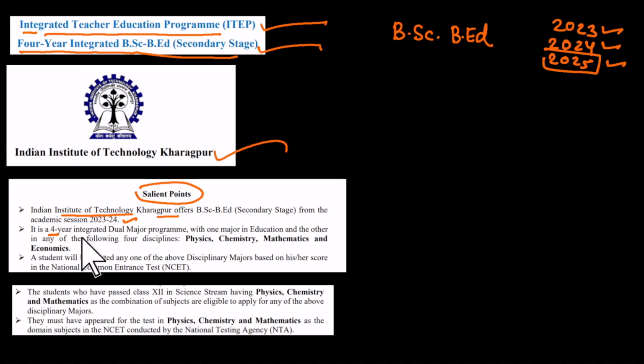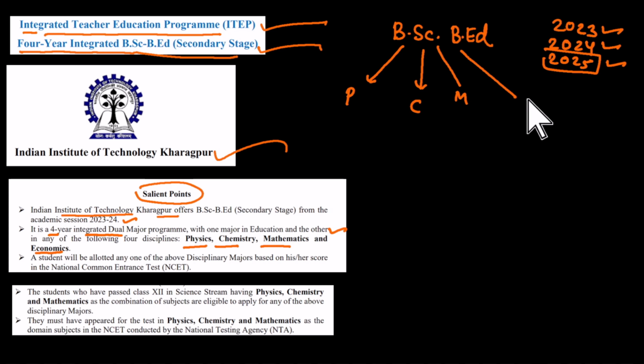Okay, so it is a 4-year integrated dual major program with one major in education and the other in any of these: physics, chemistry, mathematics and economics. So one important thing you have to understand is that IIT Kharagpur gives you a BSc B.Ed degree in 4 subjects: in physics, in chemistry, in maths and in economics.